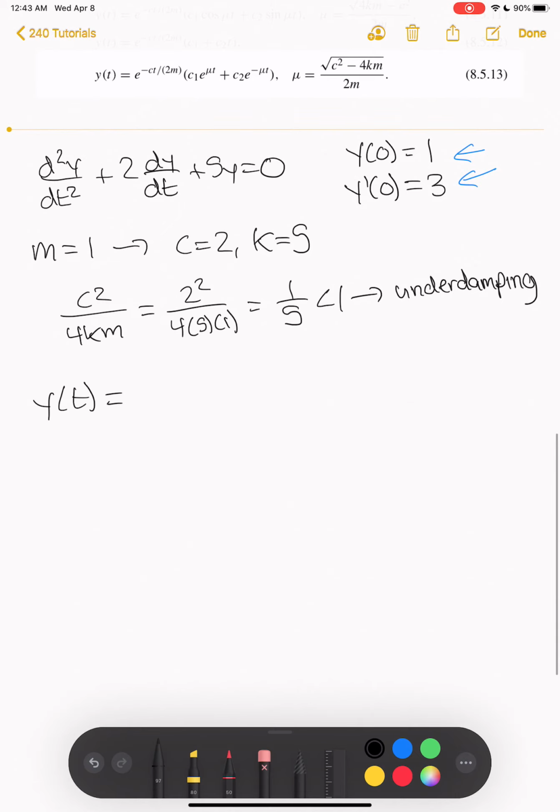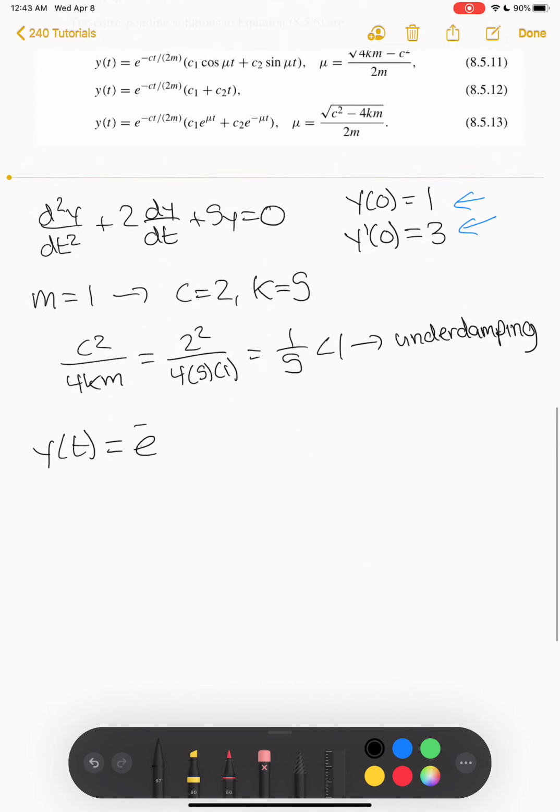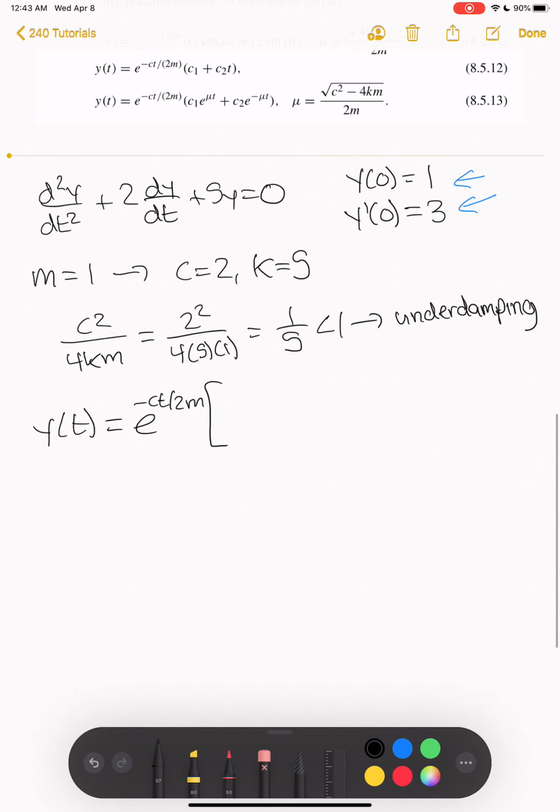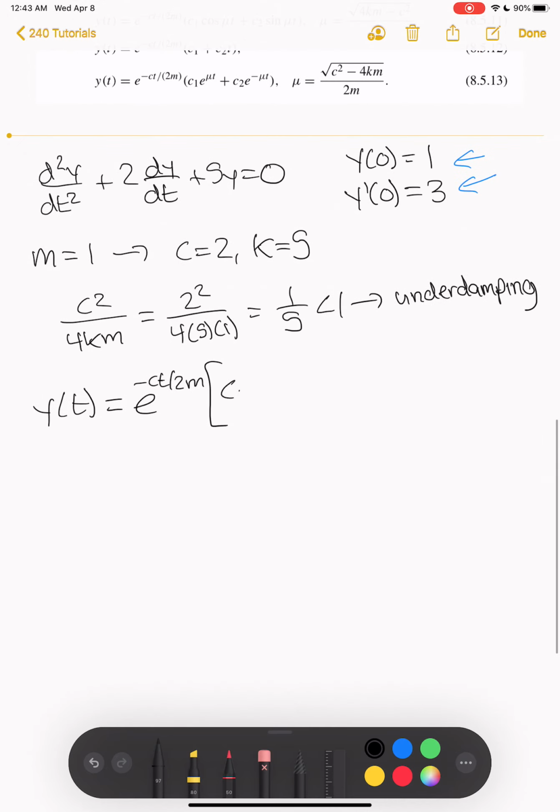So reading directly off the table then, we have e to the minus ct over 2m, c1 cosine of mu t plus c2 sine of mu t. And then they give us mu as well, thank goodness. So you don't have to do any work there.